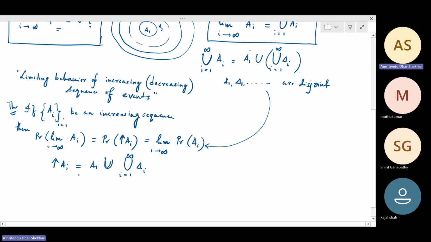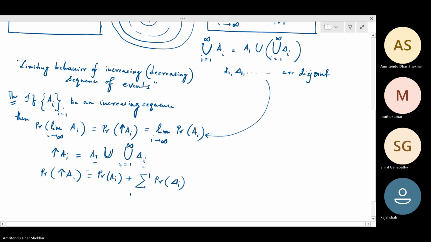And because these sets are disjoint, the probability of this collection is going to be equal to a sum. So this is equal to the probability of A1 plus the sum of the probability of delta_i, i equal to 1 to infinity.